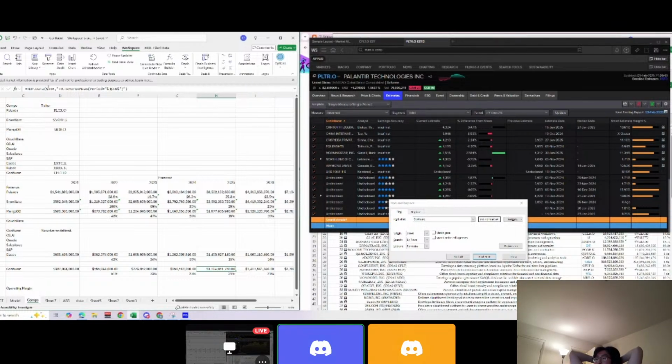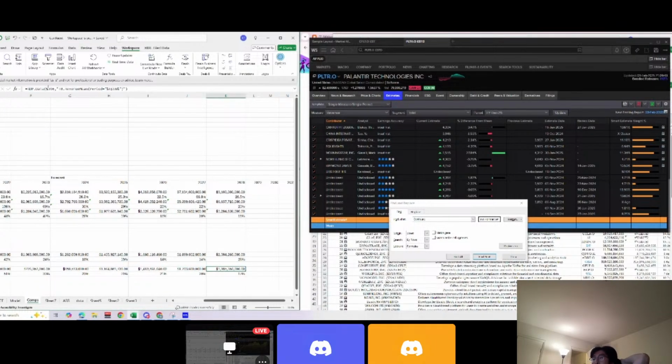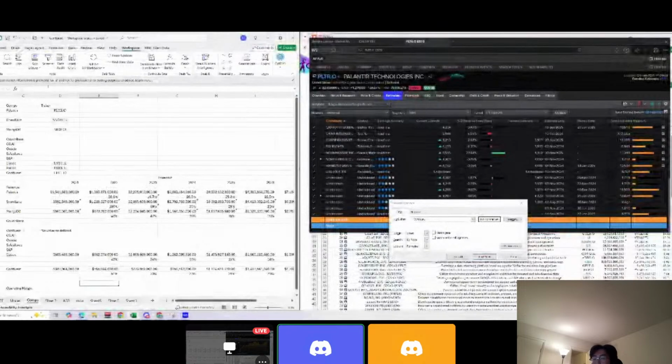Yeah, maybe not as much as MongoDB, but even off of a higher revenue base, I feel like right now analysts aren't thinking Confluent has the ability to grow as fast.